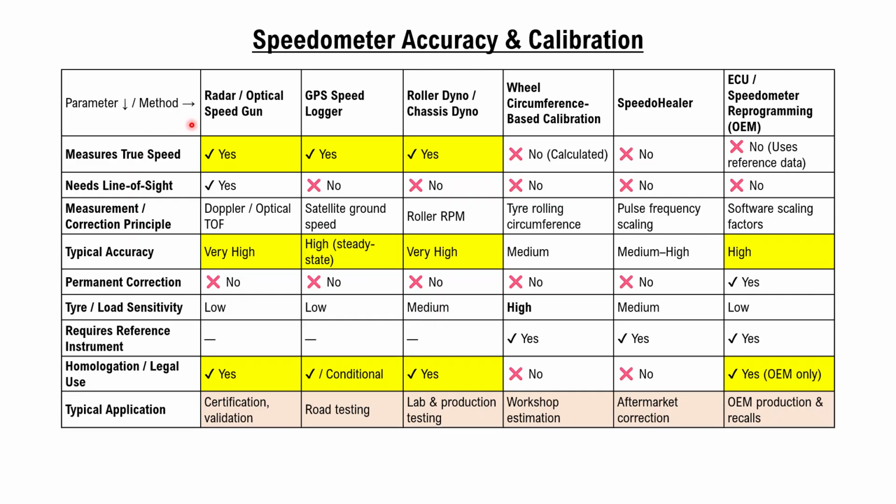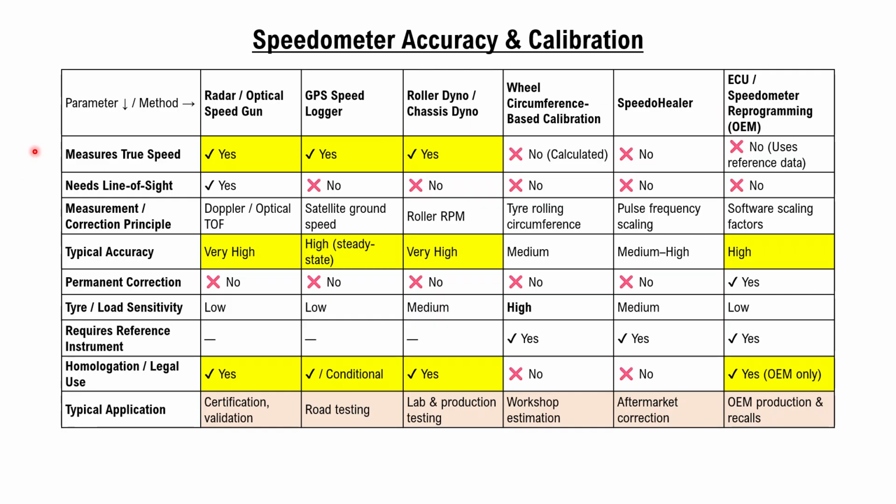The major methods were radar optical speed guns, GPS speed logger, roller dyno, that is dynamometer testing, vehicle circumference-based calibration, Speedo Healer, and ECU, that is speedometer reprogramming, which is an OEM method.